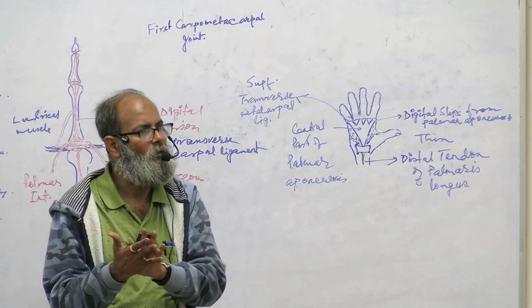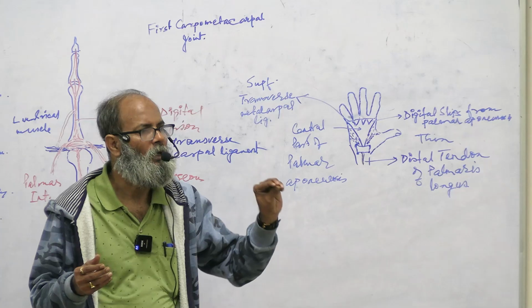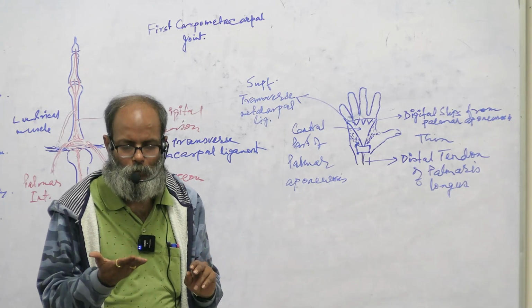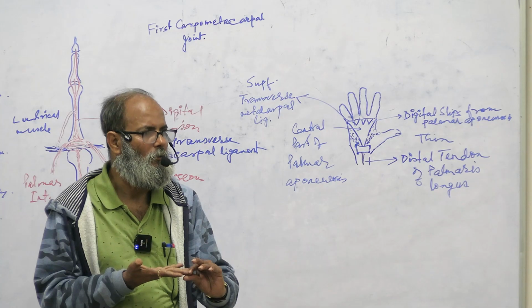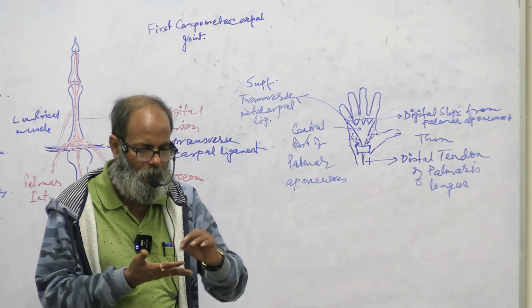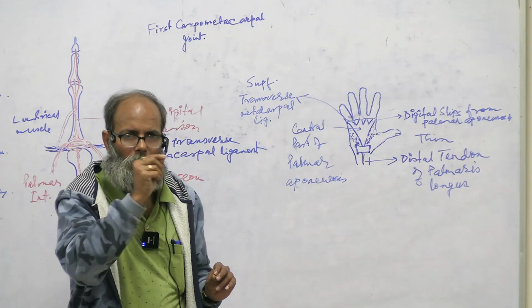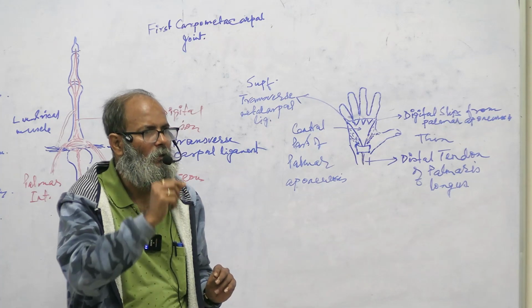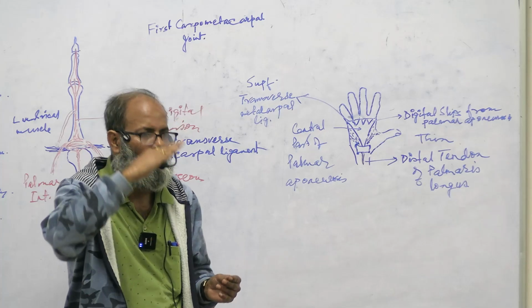There are other lines which are called papillary ridges. What are those? If you see the terminal part of your digits, you will find there are some fine, prominent lines, that is embossed, not engraved.